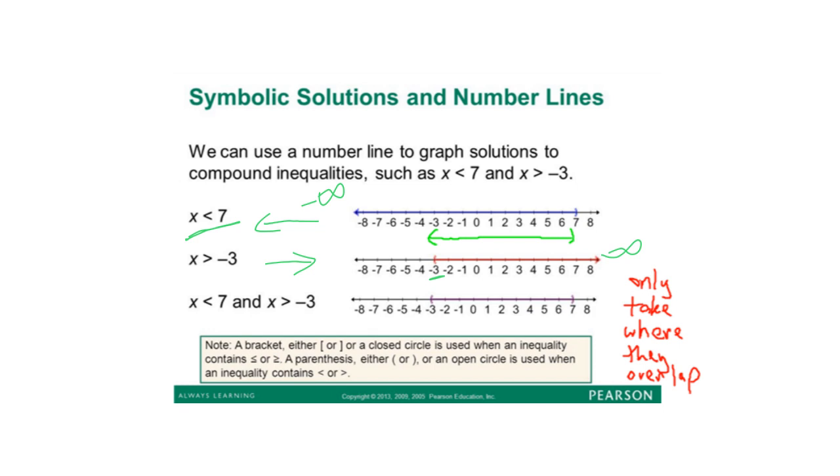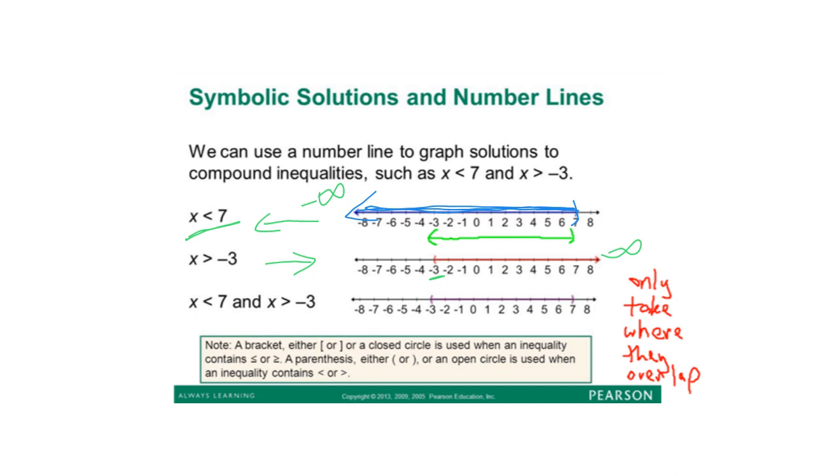Now, if we're looking at and, that means that we only want numbers that fit in both of those inequalities. And so that means that we're only going to take where these two overlap. In this case, if you look at the blue on the top, we have all of these numbers, and they're going to go all the way to negative infinity.